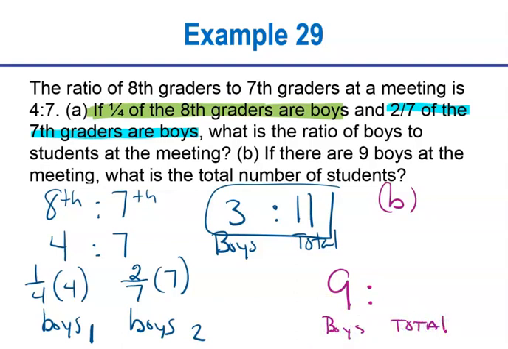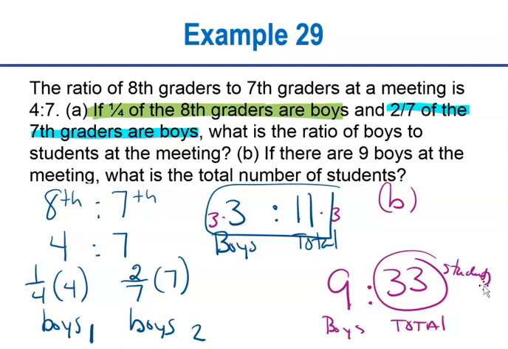Now, if we keep this same ratio, because this was 3 boys to total, then notice we've multiplied by 3 over here. So we would be required to multiply by 3 over here also. So that means there would be 33 students total. Now, that's not the only way to handle this problem, but it seems to be the easiest to me to think about it that way.